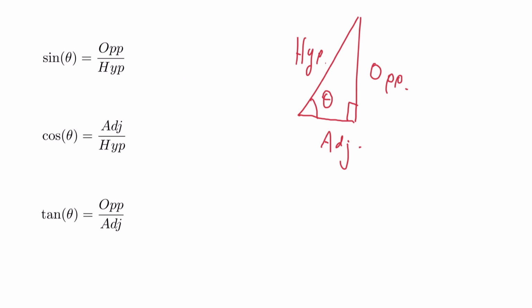Sine is a function of theta, and it's defined to be the length of the opposite side over the length of the hypotenuse. So op over hypotenuse. That's sine. Cosine is defined as adjacent over hypotenuse. So this one over that. And then tangent is simply opposite over adjacent. So these trigonometric functions are just ratios of sides of this triangle. They're just relationships among the sides.